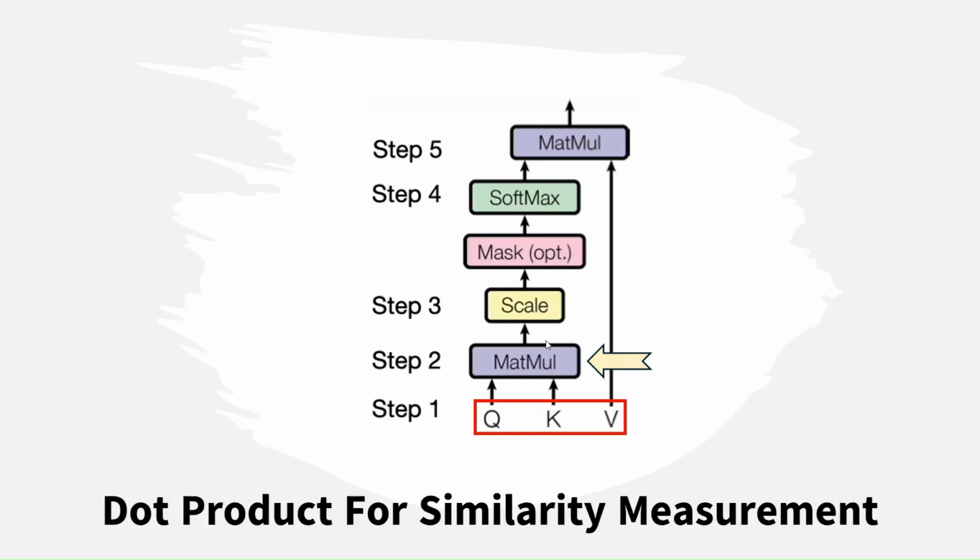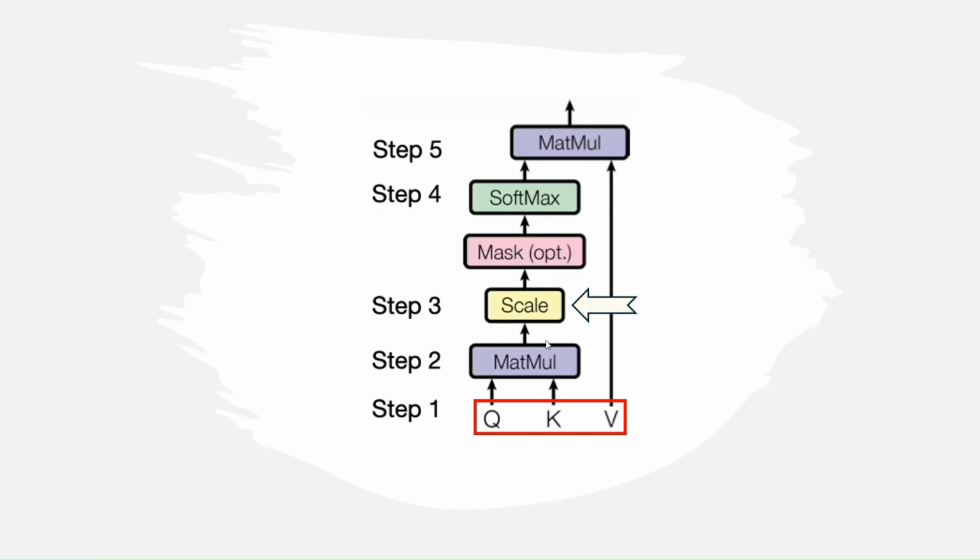This produces a new matrix. We then scale the numbers in this new matrix and apply the softmax operation to normalize the numbers in the scaled matrix. This creates a normalized matrix that can be considered as an attention map. Finally, we multiply the attention map with the value matrix to retrieve our information. The retrieved information contains the relation of each word with respect to other words in the input text.